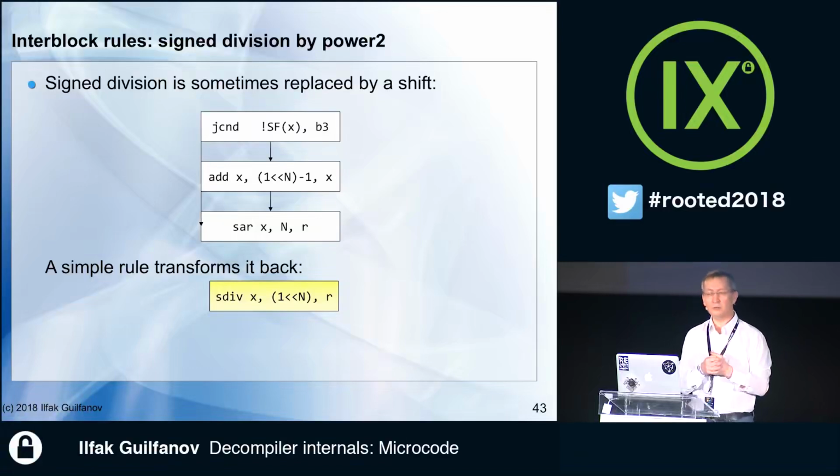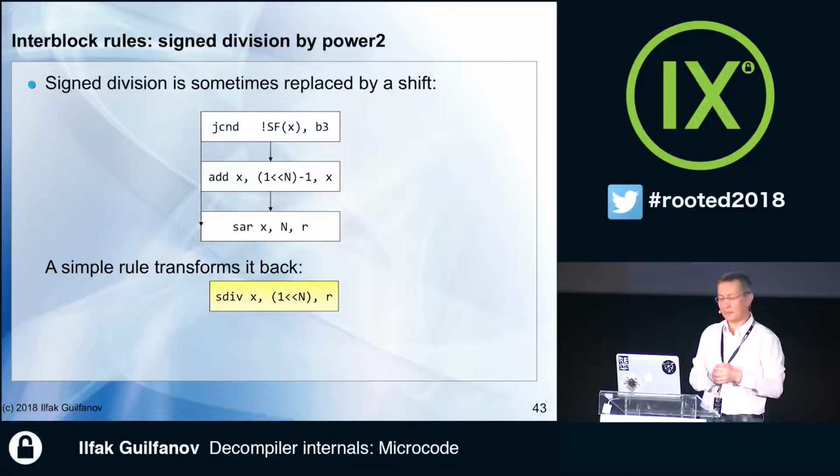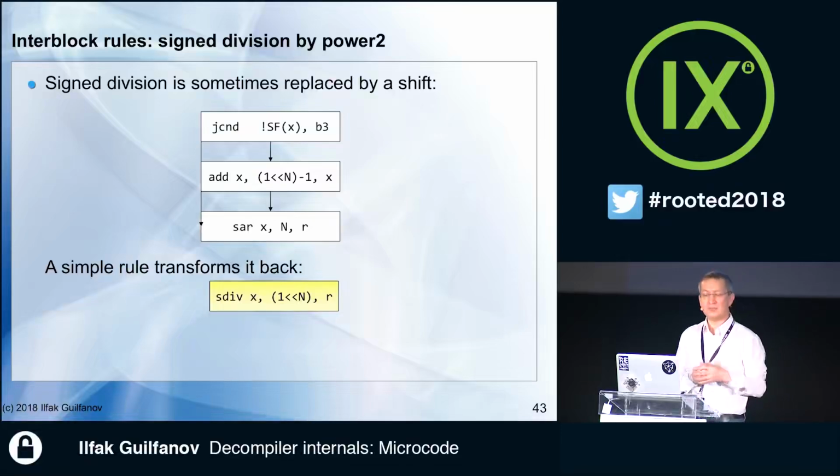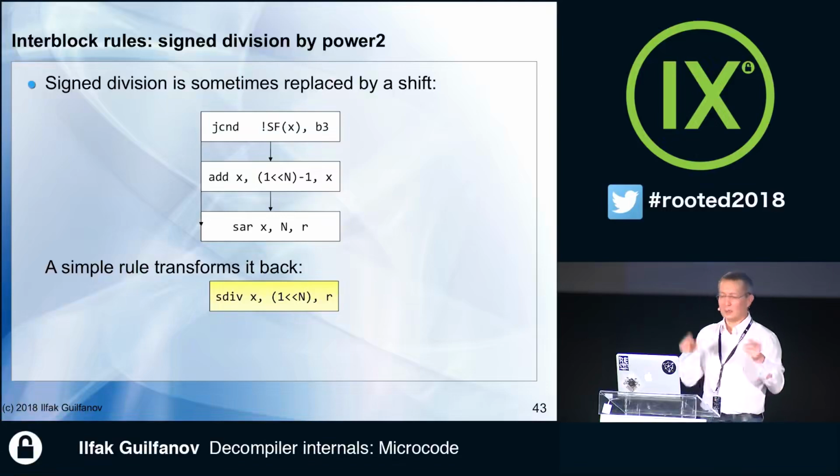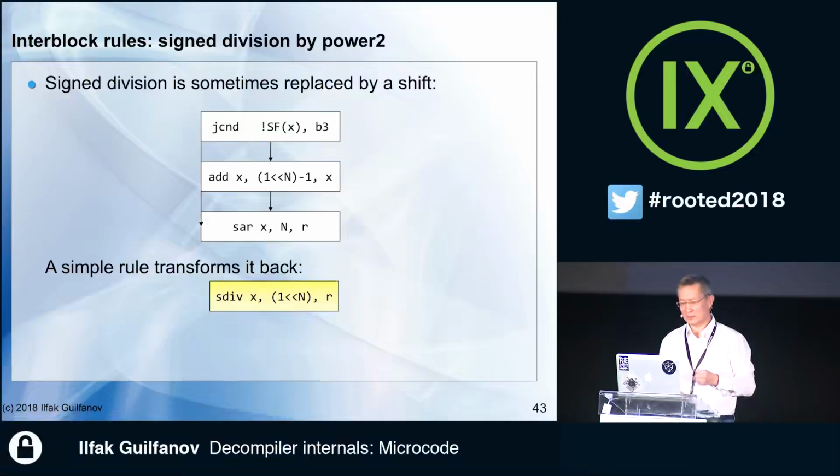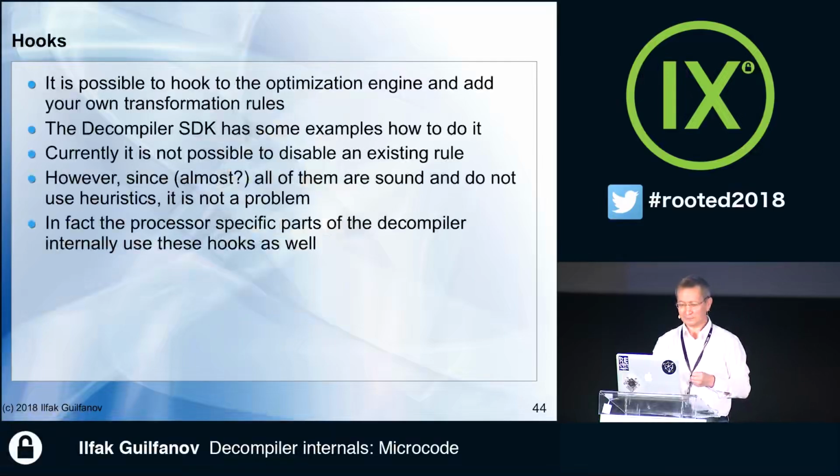Why do we have such a rule? Because many compilers optimize a division by a shift. Shift is much faster than division. Therefore, they represent things this way. But for us human beings, it's easier to have the sign division rather than comparison, then addition, and then shift.